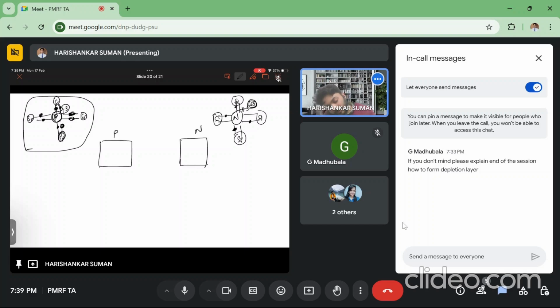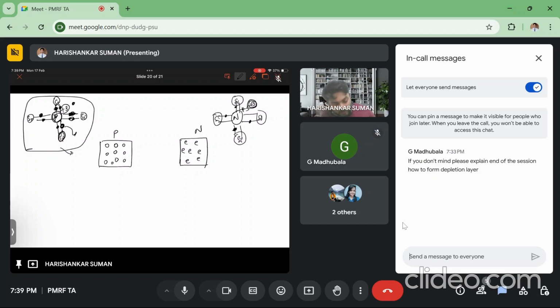Similarly, with only 3 electrons, 1, 2, 3 make bonds, but one electron is less here, so one hole will be there in the bonding. So this type is N and this is P, so that's why there are more holes. The majority charge carrier is electrons inside. Clear?